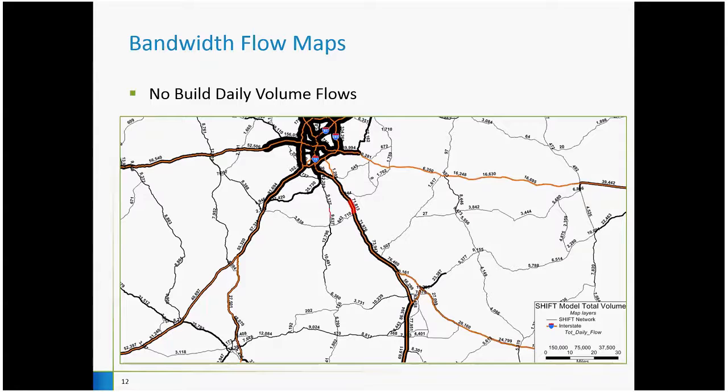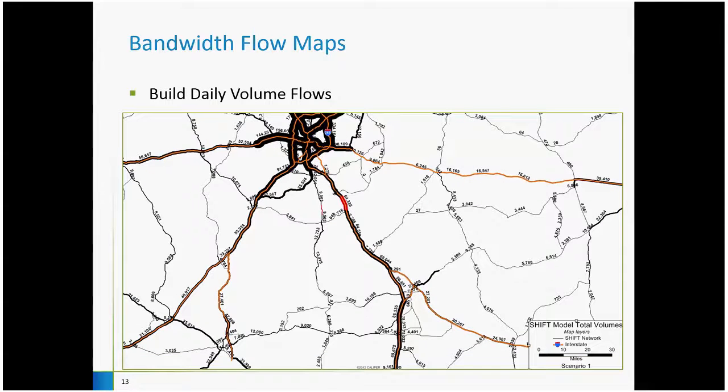A side note is the presentation does not include all of these maps because it would be a very long presentation, but I have them available as desired. But going back and forth between the no build and the build, you can see the pattern is the same. It's basically truck volume is shifting to the truck only lane.